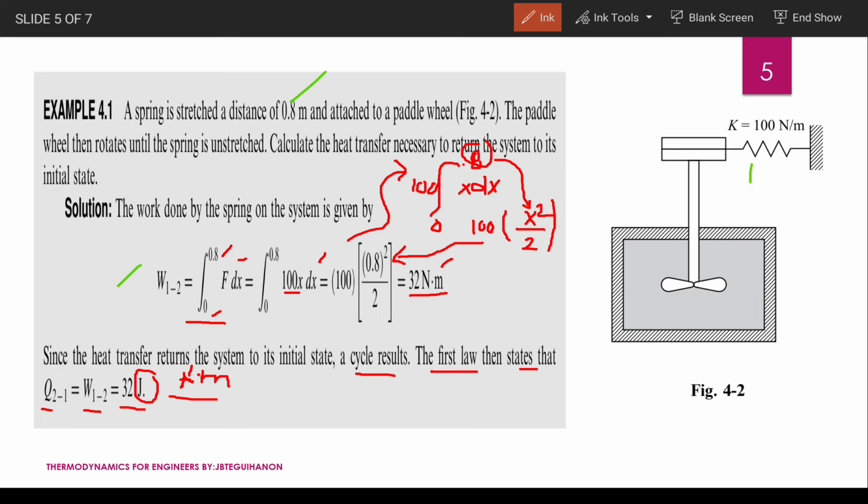F is equal to K times X. Okay, ito ay K. K of spring. And then, may X ka. Ito yun. Distance ng spring stretch. Na-stretch siya at saka na-unstretch. It goes to a distance, times dx. Yung differential ng x na yun.